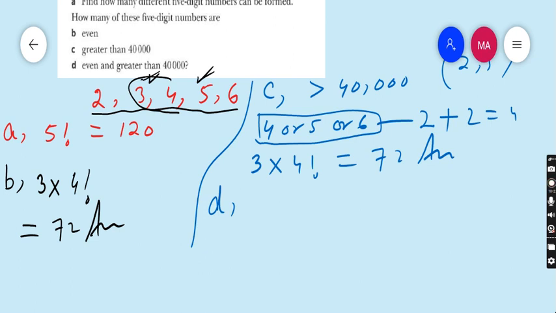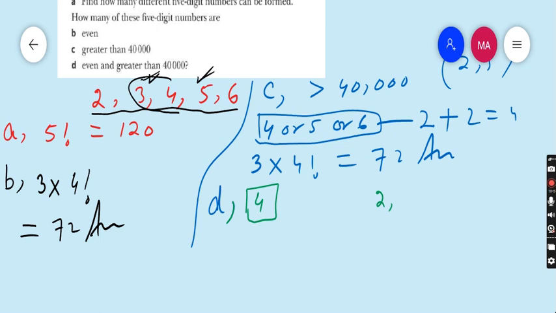So for this part we have to make three choices. The first choice is, if we put 4 in first place, because we have to make the number greater than 40,000.